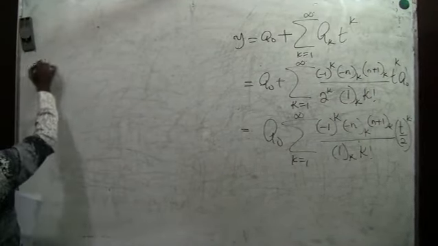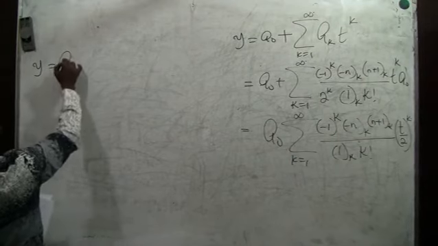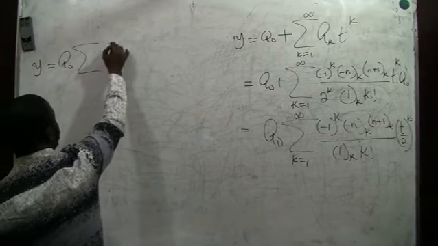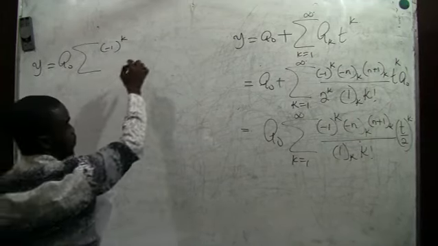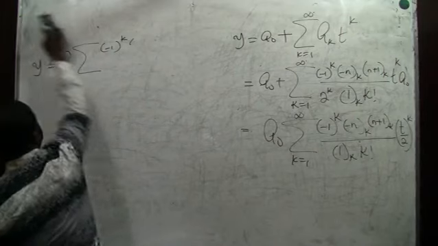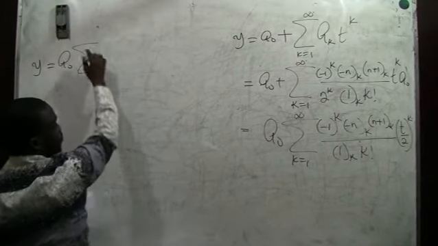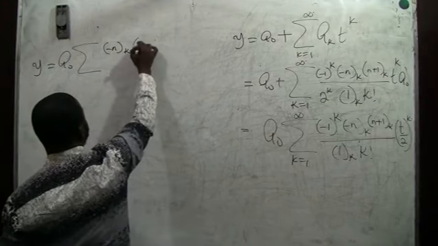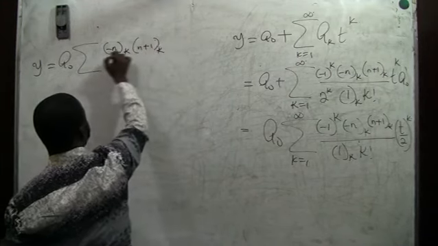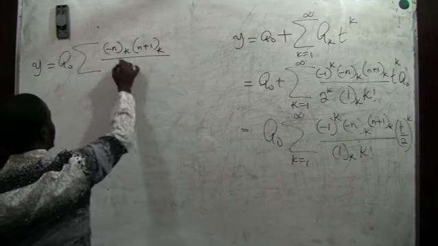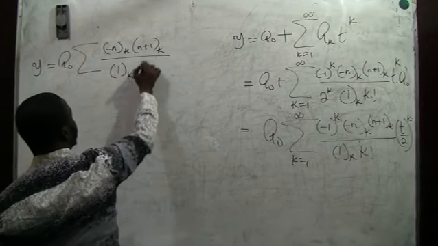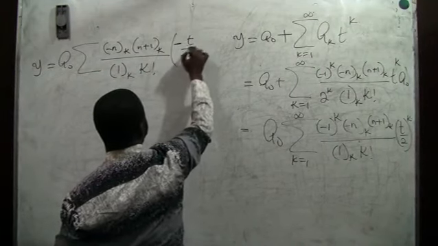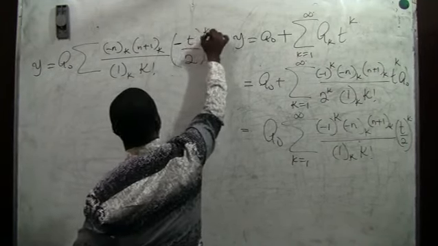Then we have y equals a naught summation, minus 1 raised to power k, sorry, minus n sub k, n plus 1 sub k divided by 1 sub k, k factorial, into minus t divided by 2 raised to power k.